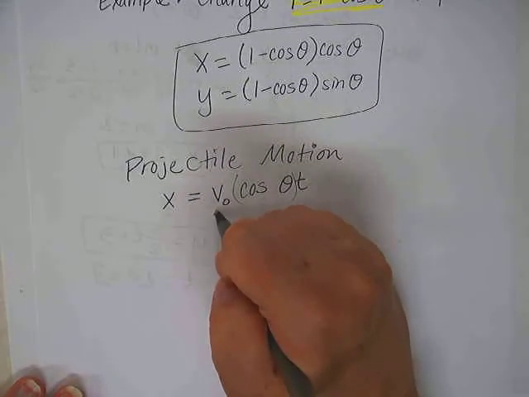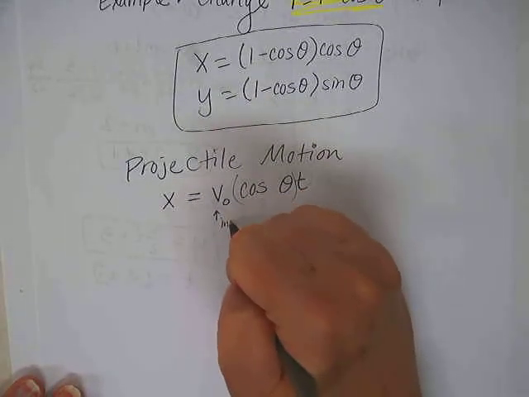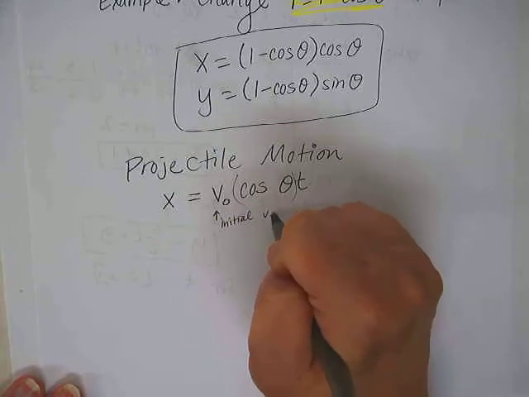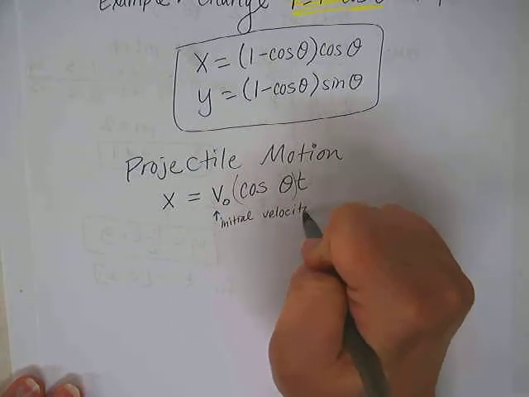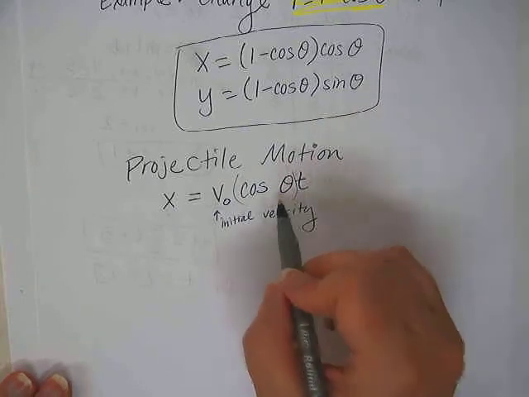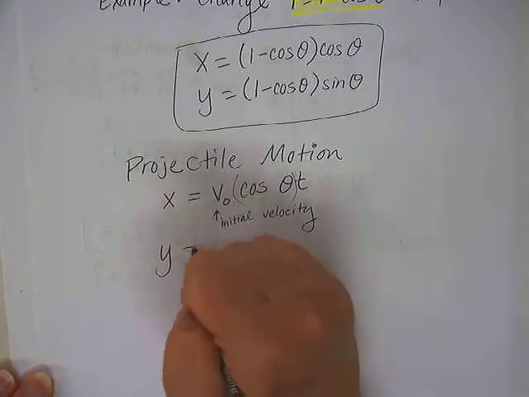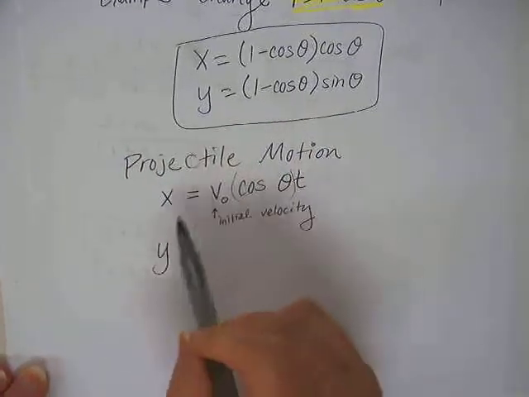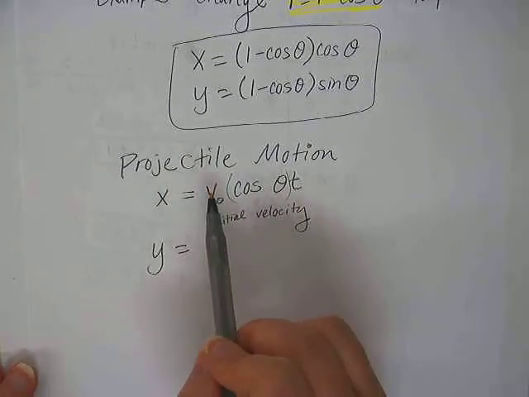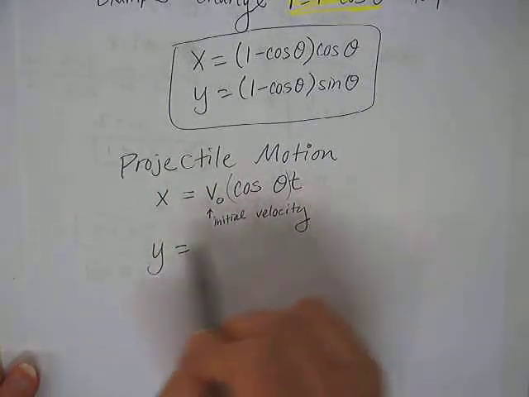Now I'm trying to figure out if it's cosine theta times t or cosine theta times t. I think it's like that, which means we ought to put those parentheses in there, right? Or that would be messed up. Almost positive. Okay, so v sub 0 is initial velocity.